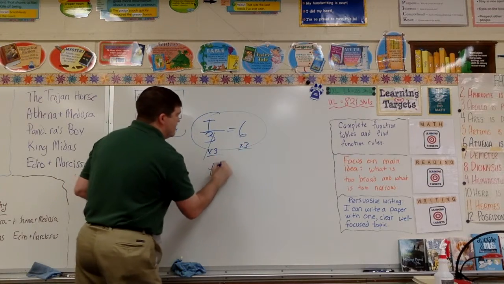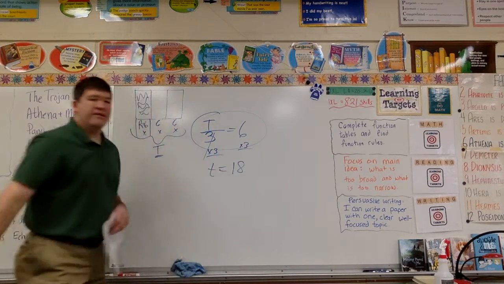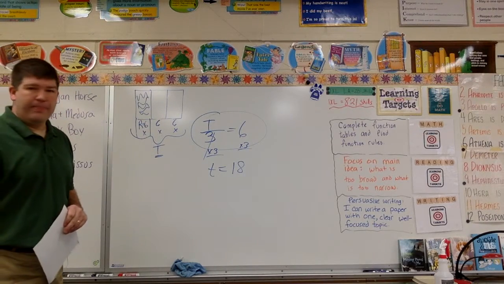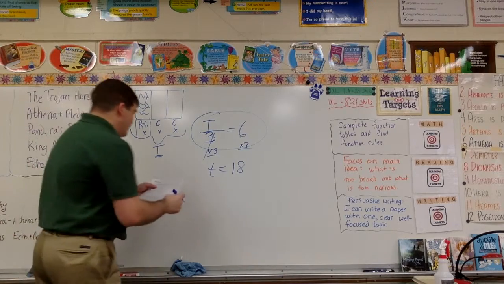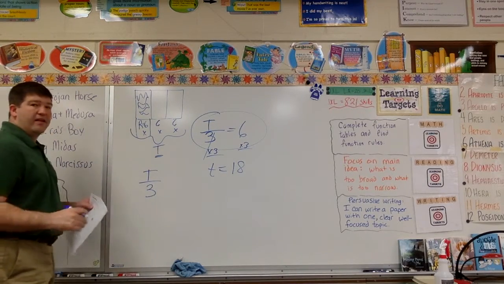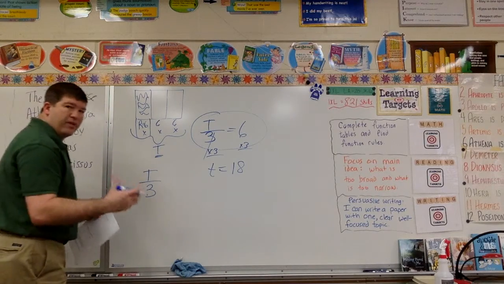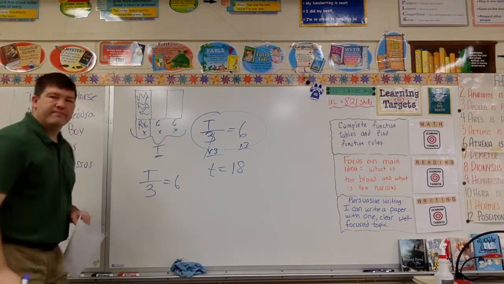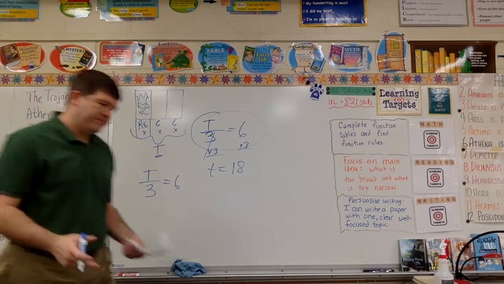Those cancel. It's t equals 18. Total tomatoes of 18, which we've already said makes sense. So the equation that you want, total tomatoes divided by 3, or 1/3 of my total, equals 6. And that's your equation. Okay?